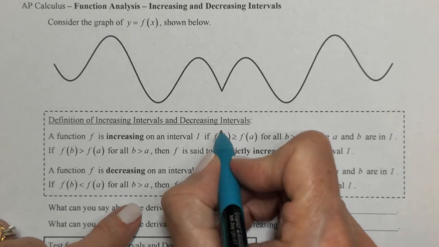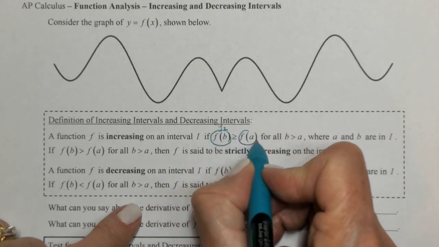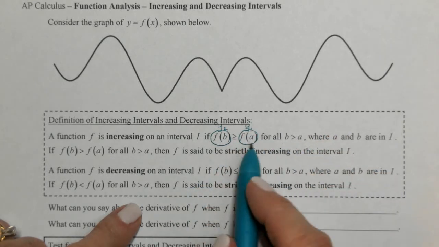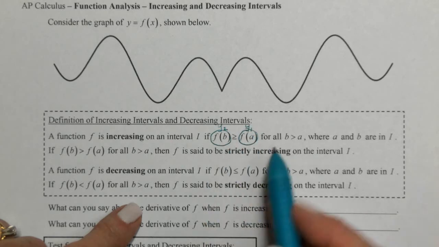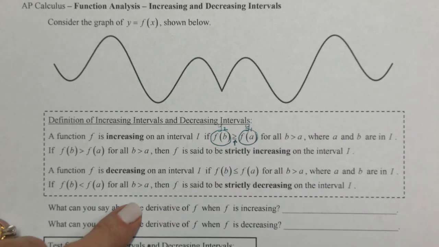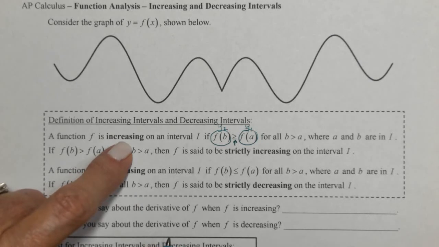Think of this as y2, and this as y1, because b is greater than a. So y2 is bigger than or equal to y1 on the interval. That means we're increasing.